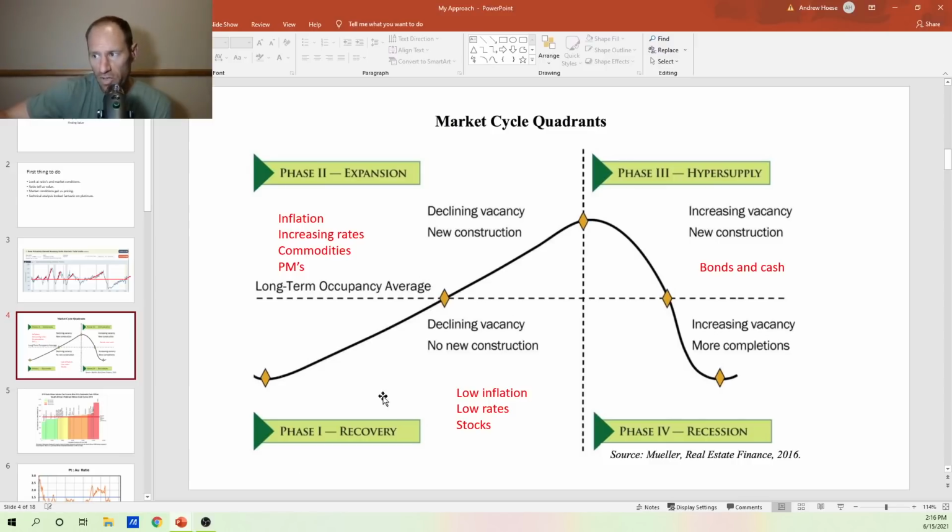In a recovery phase, which we're coming from, it's a low inflation, low rate environment where stocks do very well. When you hit an expansion phase, it's increased inflation and increasing interest rates, and commodities and precious metals usually do very well. In the hypersupply phase and recession phase, you want to transfer into bonds and cash because that's where you have a crash in the market.